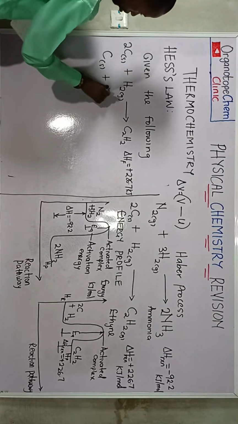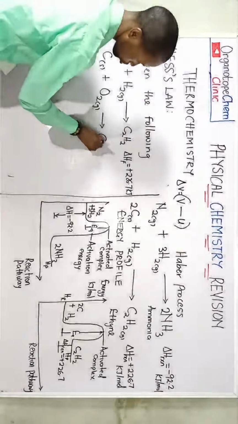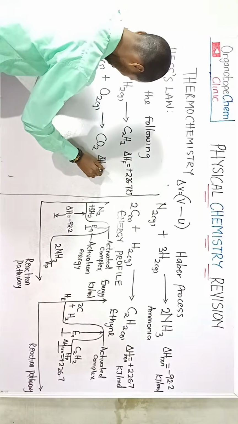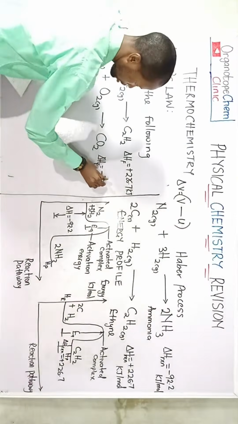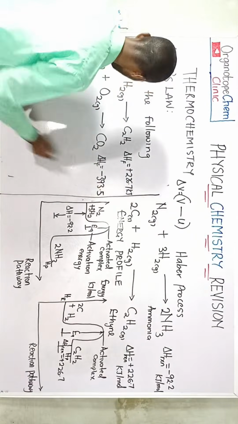Then the next one: carbon plus oxygen gas resulting in CO2. The enthalpy of formation is minus 393.5 kilojoule.